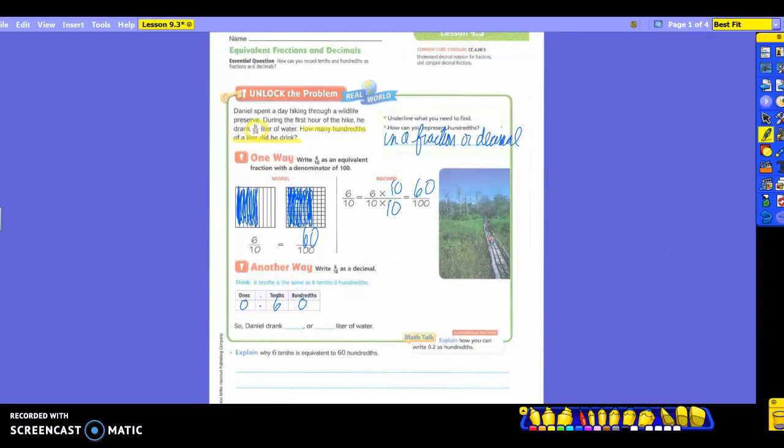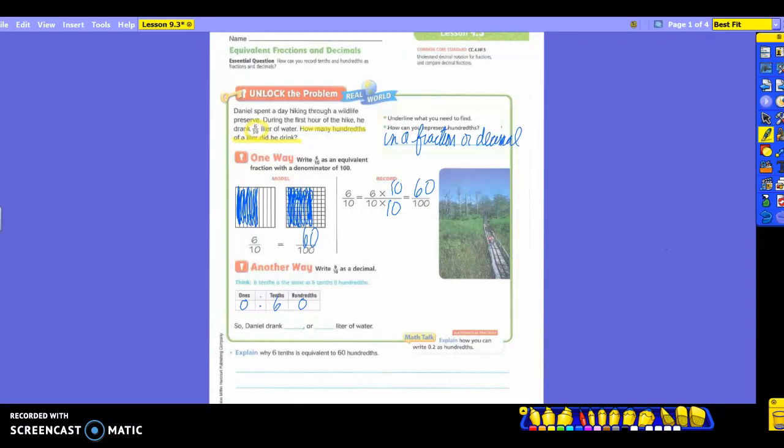And what's going to go in the hundredths place? A 0. Now, do you remember when I talked to you about when we're doing tenths, we don't have to have the 0? Now we do, to make it equivalent. Because now you're looking at 60 hundredths. Yes? So, Daniel drank, let's put it in both forms.